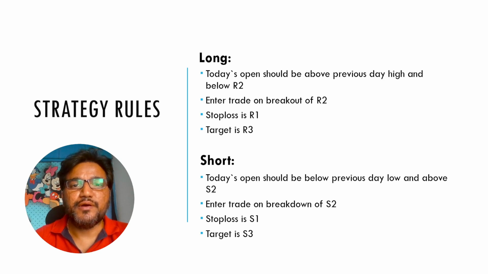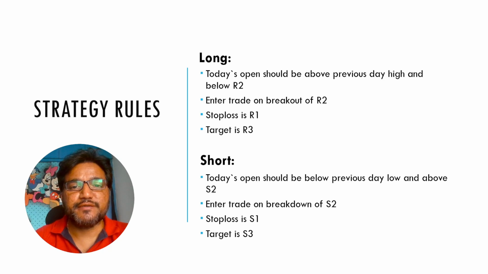So how do you take a long trade? The rule here is that today's open should be above the previous day high and below resistance 2. We enter the long trade on the breakout of resistance 2. The stop loss here is resistance 1, R1, and the target is R3, resistance 3.